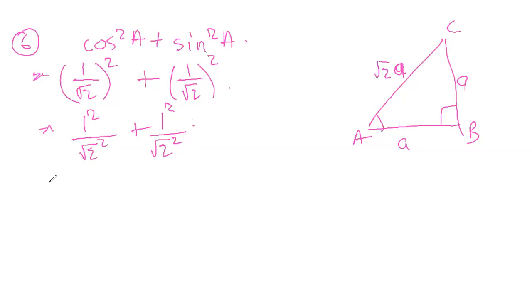Okay. So 1 square is 1. Root 2 into root 2 is equal to 2. Please memorize that. So this is 1 upon 2 plus 1 upon 2, because 1 square, 1 into 1 is 1 only, and root 2 into root 2 is 2. So this will be equal to 2 upon 2, which will be equal to 1.